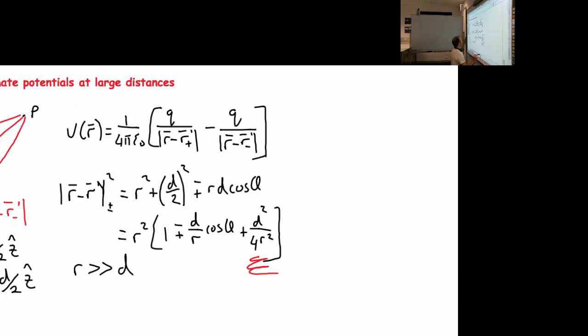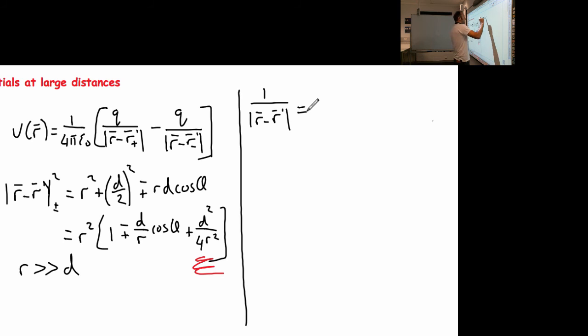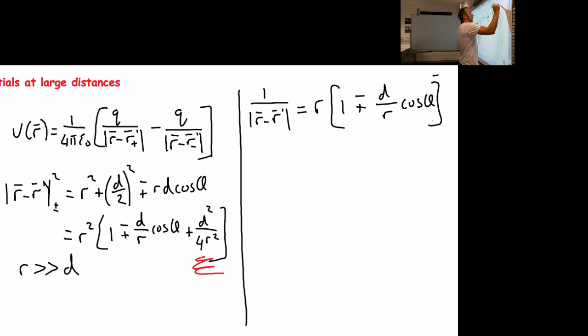So what in fact this will yield is 1 over the magnitude of r minus r prime equal to 1 over r times 1 minus or plus d over r cos theta, to the power of minus a half.